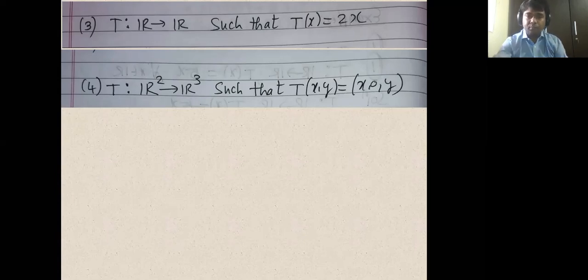Now we have to find out the kernel of this mapping. What is the kernel of this mapping now? Start finding the kernel.